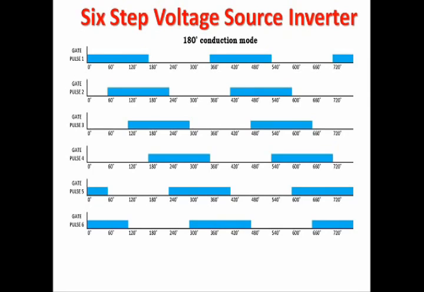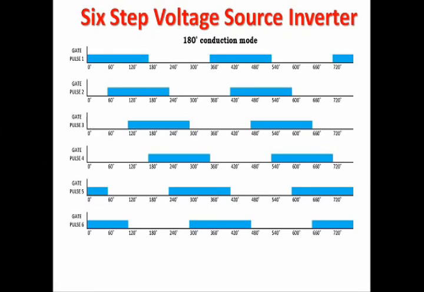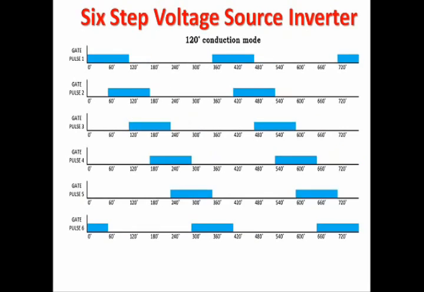These three MOSFETs are in active mode. Likewise, at 60 degrees, gate pulse 1, gate pulse 2 and likewise MOSFET 6 are on. So in the 180 degree conduction mode, at a single phase 3 switches are switched on, but in the 120 degree conduction mode, at a single phase only 2 switches are turned on. Check here at 60 degrees: MOSFET 1 and MOSFET 6 are switched on.